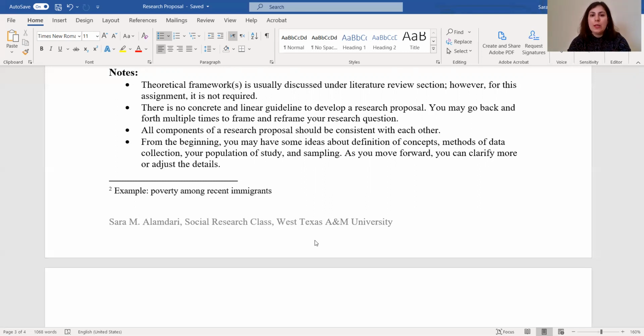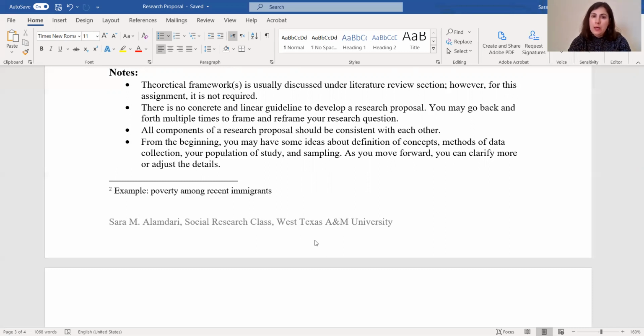Just remember that all components of research should be consistent with each other. Your research question, your methods, your participants, the way you are gonna analyze your data, and the conclusions, all of them should be consistent and logically connected.